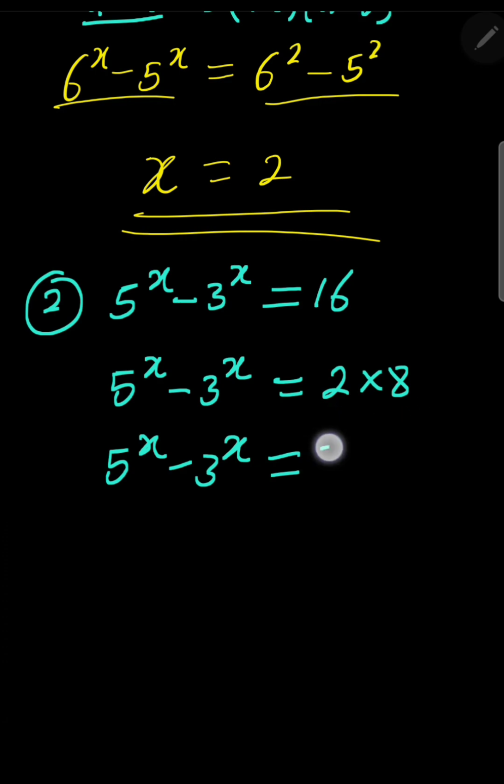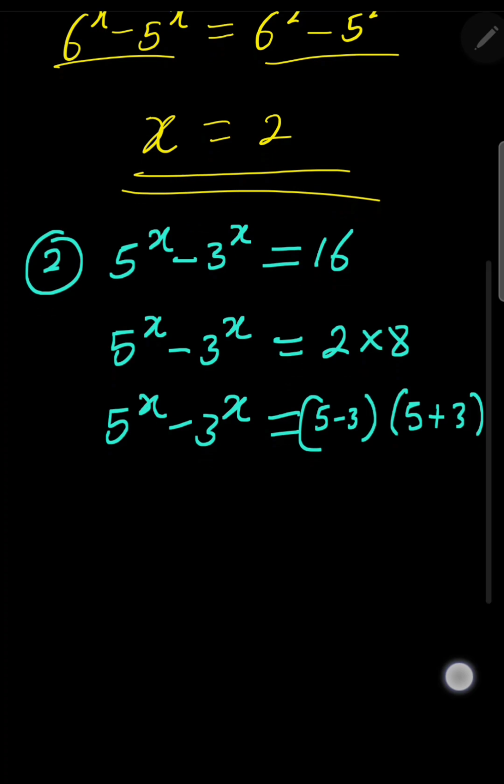Yes. When we write 5 minus 3 is going to give us 2, then multiply by 8 is the same as 5 plus 3. You can see, if you simplify this, we're still going to get 16, because 5 minus 3 is 2, then 5 plus 3 is going to give us 8. So when you multiply them, because brackets imply multiplication, it's going to give us back 16.